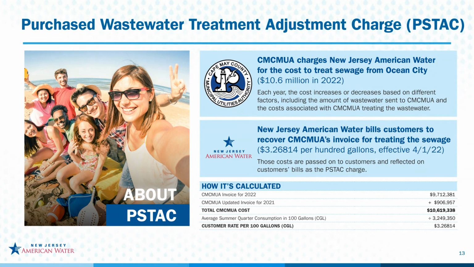So each year, the company is required to file a petition with the BPU to change the PSAC rate. And based on the approval by the BPU, we're only allowed to charge and collect the authorized amount of revenue. So therefore, at the end of that cycle year, if we collect more than the 10.6, we will adjust it in the following year.